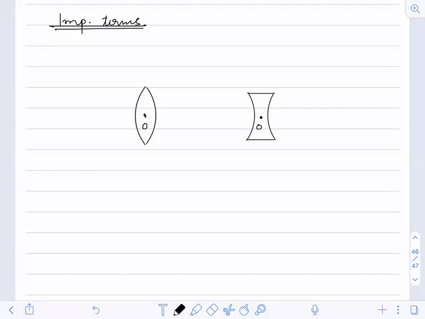So the first one is the optical center, and we denote it by O.